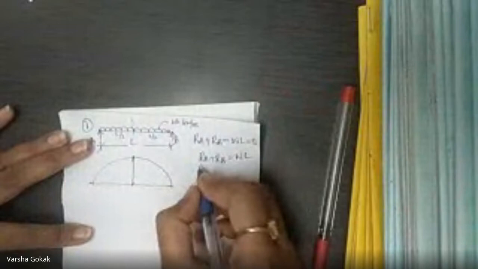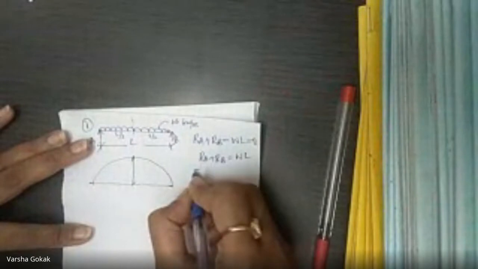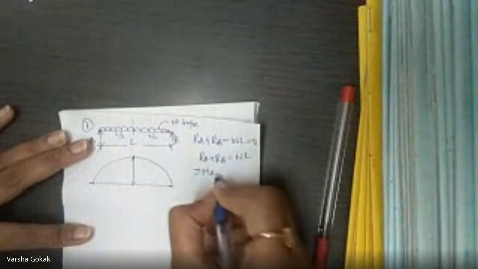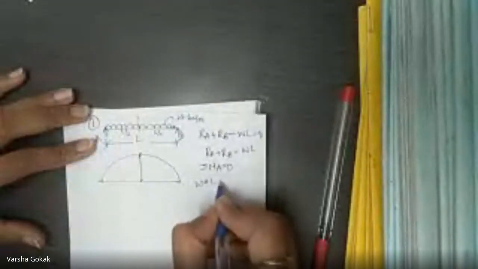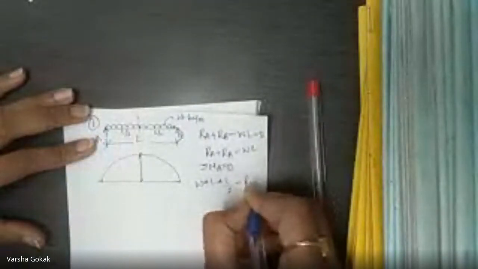So W into L, the total load acting at the center, into L by 2, minus RB into L is equal to 0. So from here I get the value of RB. L goes. RB is WL by 2.